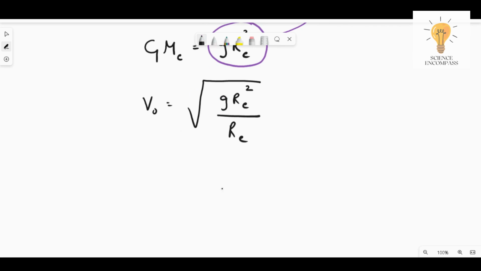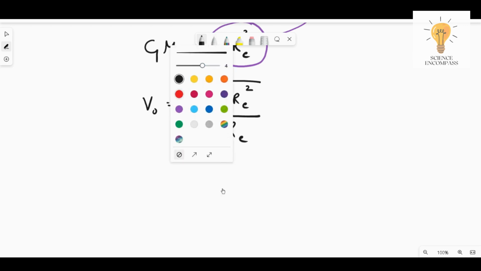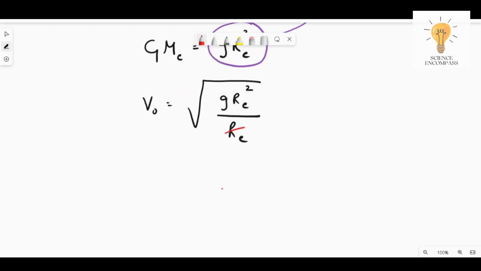All right. So we can now do a little bit of cancellations one more time. So one R gets cut off from here, and then you are left with V naught equals square root of g, and that's just a single RE.